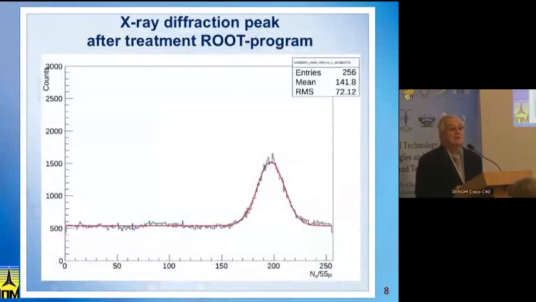Now, let's see, 100 X-rays per second, and what a good curve it is. So it's obvious that X-ray analysis and harmonics analysis is very good for analysis of thin crystalline structure.